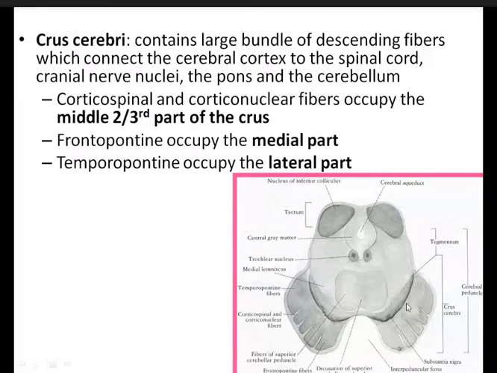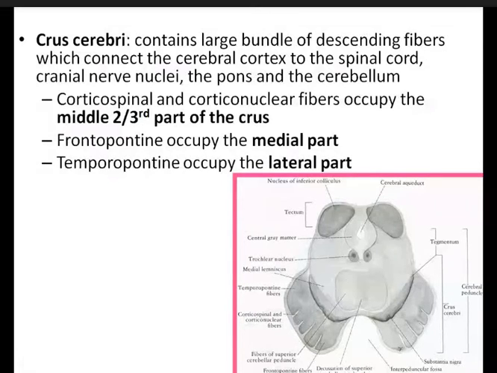This much area is occupied by the corticospinal and corticonuclear tracts, and the frontopontine fibers occupy the medial part of the crus cerebri, whereas the temporopontine fibers occupy the lateral part.